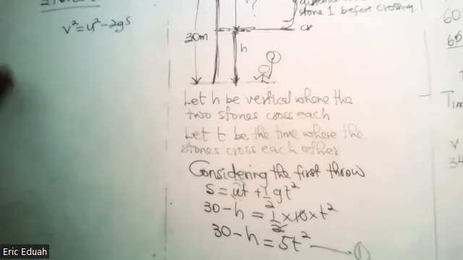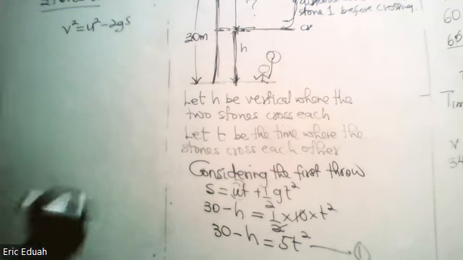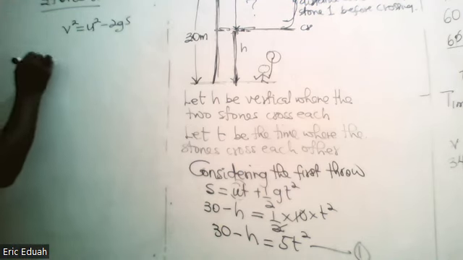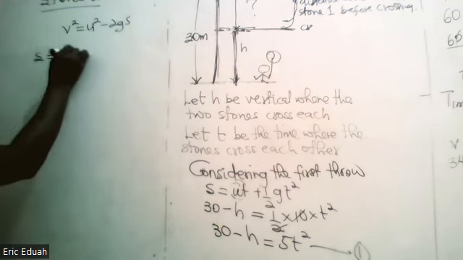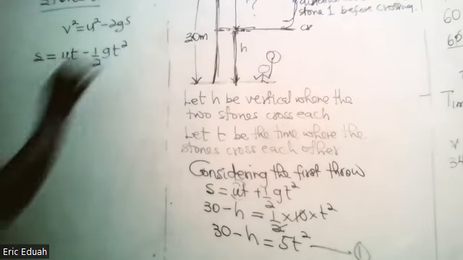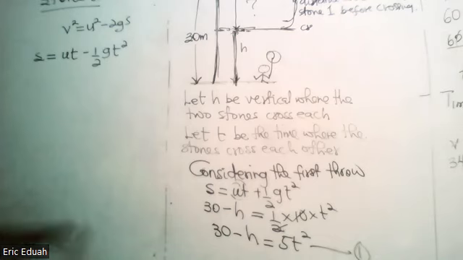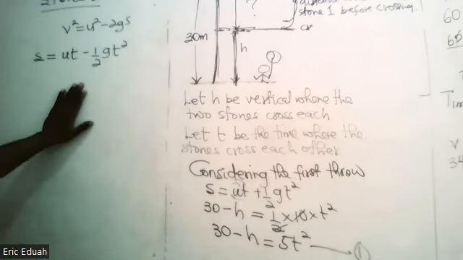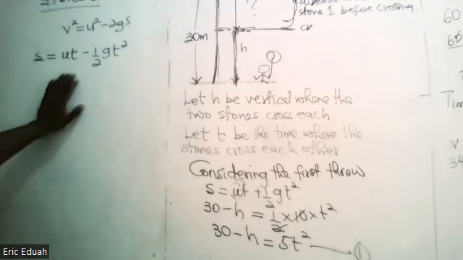S is equal to ut minus half gt squared. Akosia is also suggesting that we use s is equal to ut minus half gt squared. Akosia, what will be h? What will be s? The s is going to be 30 minus 5t squared.